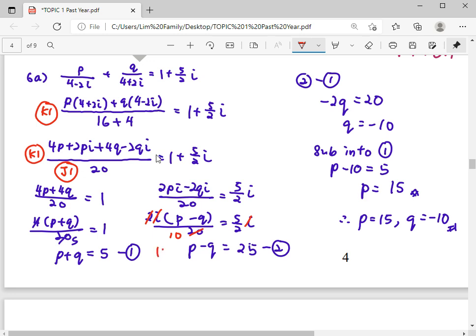Then we form out our simultaneous equation for 1 mark and get to the answer. So this is how we get the 6 marks here.